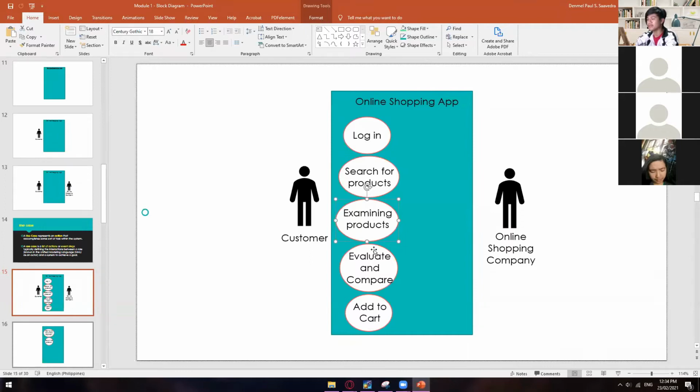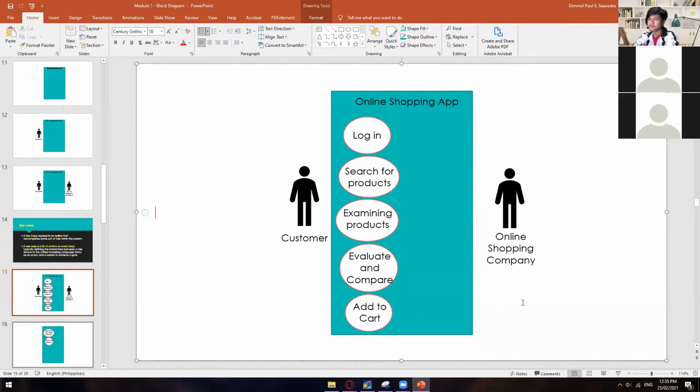And then maybe once you really like the product, that's the time that you can evaluate and compare it. So the comments, you're going to check the comments if the feedback is really good, and then compare it with other products that you have seen also, wherein it seems that this one is better than this one. So comparing, and then lastly, once you really decided what product you're going to buy, that's the time that you're going to add that product to cart.